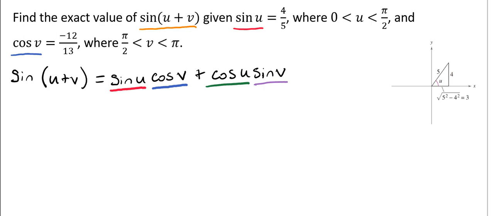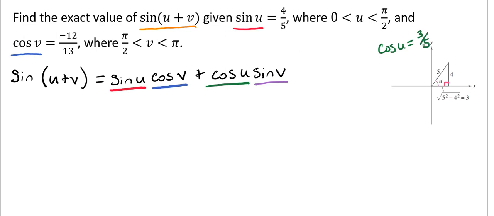Using Pythagorean's theorem, we can find our missing side length as a 3, which is going to tell us that our cosine of u is 3/5.